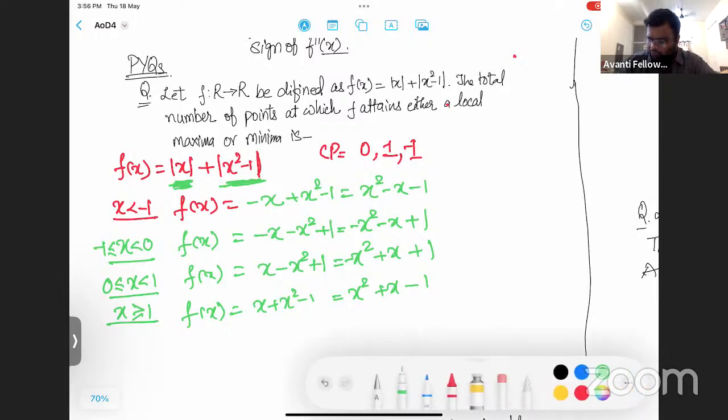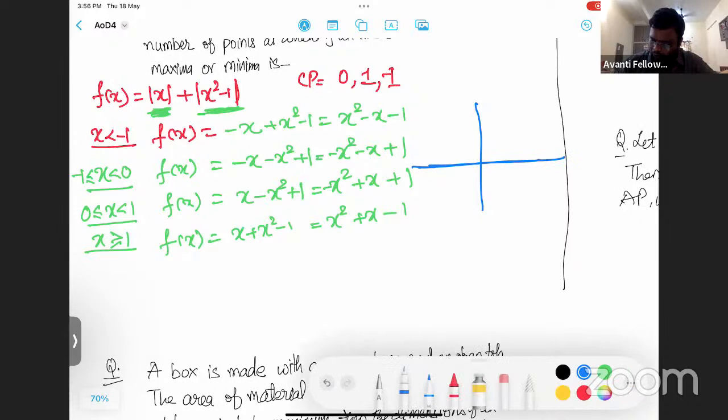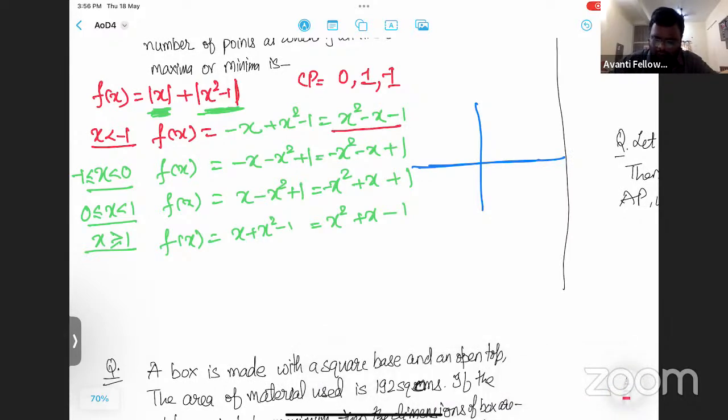So I'll draw the graph for these functions. First part, like this is minus 1, this is 1, okay, this is 0. So when x is less than minus 1, x square minus x minus 1, the x square coefficient is positive, hence the parabola will be having an upward opening, so somewhat like this.